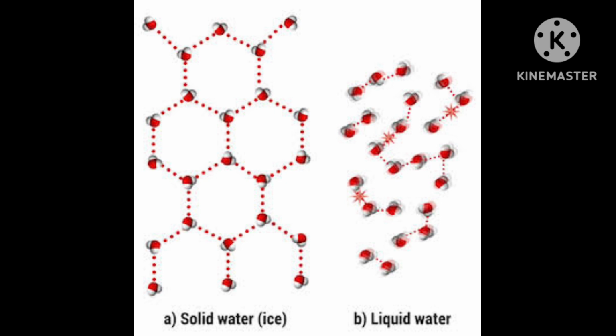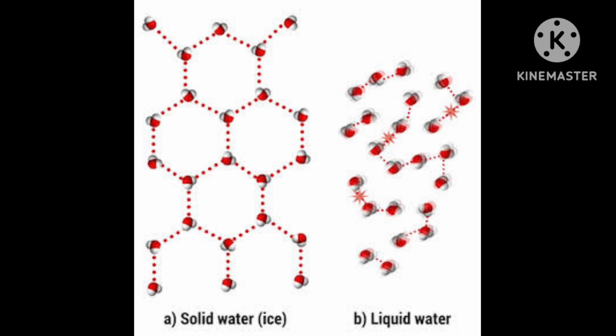Then in the same way, the second can join with a third H2O. Again, O can join with H of another water molecule. Like that they will make a big chain, and its molecular weight will become very heavy, and now it can't go to the atmosphere easily.